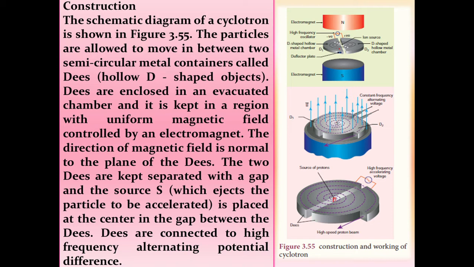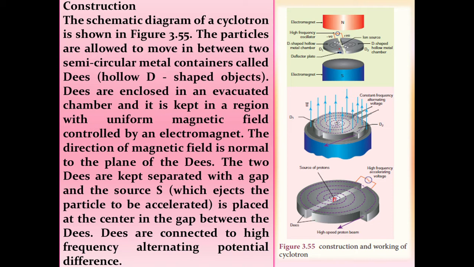Two Ds are kept separated with a gap. And the source S, which ejects the particle to be accelerated, is placed at the center of the gap between the Ds.